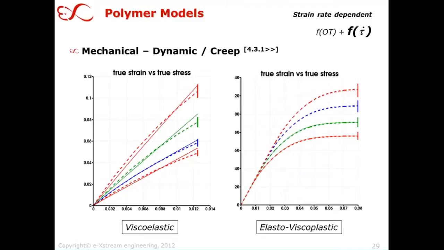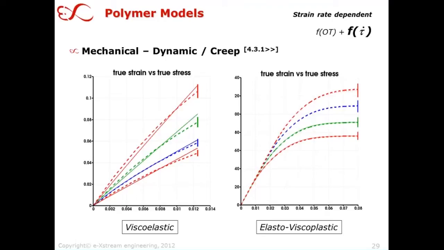Strain rate dependent models would be viscoelastic material properties or elasto-viscoplastic material properties, and here we differentiate in dynamic scenarios where you have very high strain rates, more like a crash type of application, and this we have in the software for a long time.